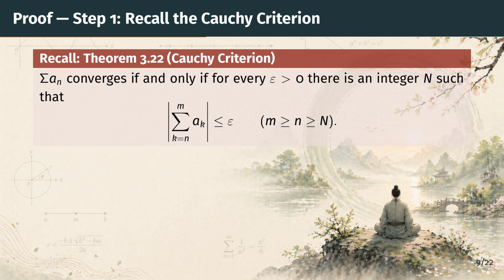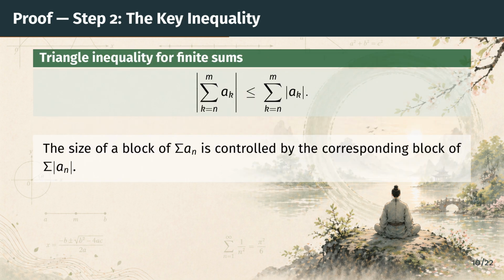Next, we use the triangle inequality to connect the two. Here is the heart of the proof, the inequality in the green box. For any finite block of terms, the size of the sum is at most the sum of the sizes. This is just the familiar triangle inequality.